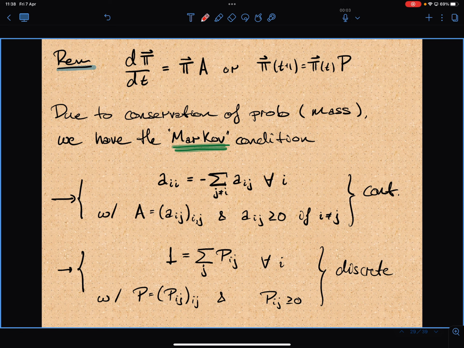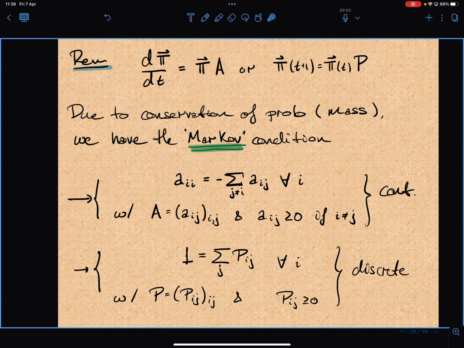This Markov condition is a conservation of probability. In the discrete case that we just saw, this condition means, first of all, that the rows add up to 1, and that the transition probabilities are greater than or equal to 0.